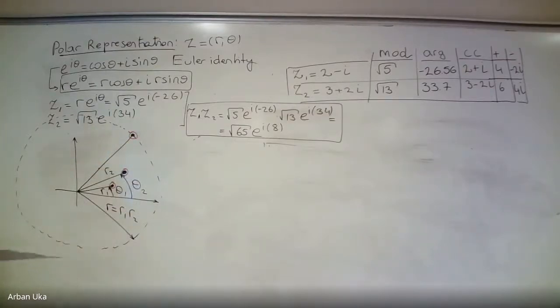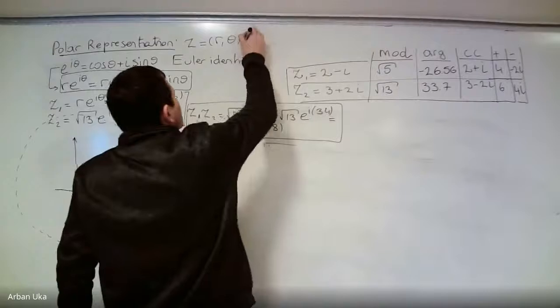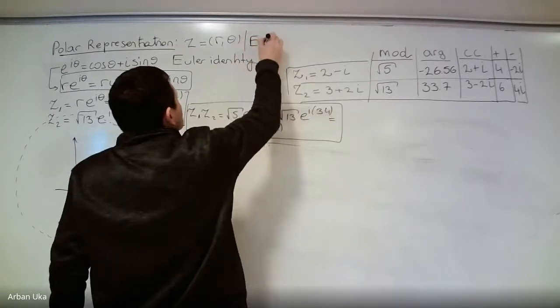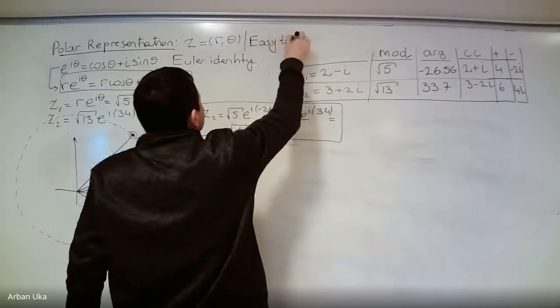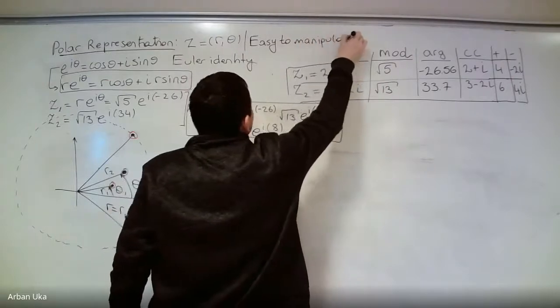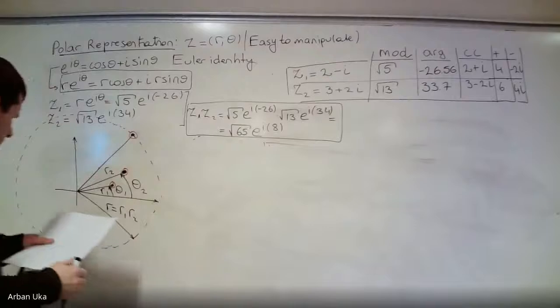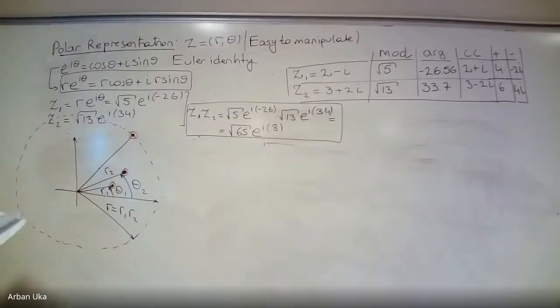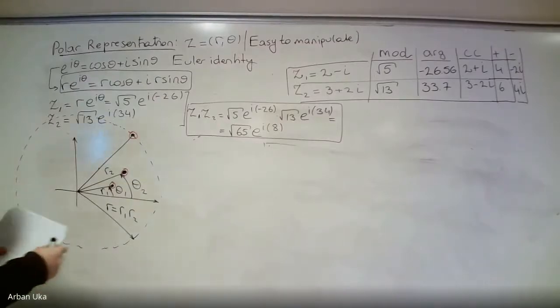Now, it is easy to see this when we have the polar representation. That's why we said that this is easy to manipulate. So let's do the following.